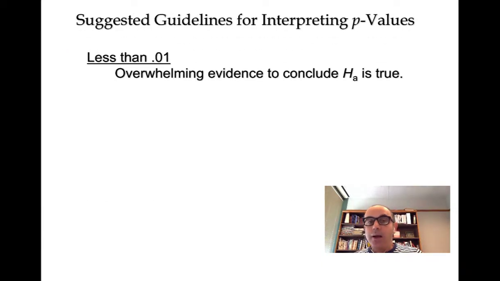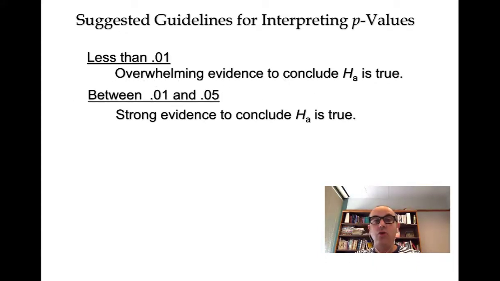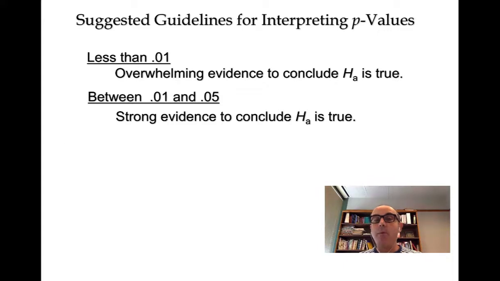Okay, so what values do we need to consider in that premise? Less than 0.01 is overwhelming evidence to conclude that the alternative hypothesis is true. Between 0.01 and 0.05, we have strong evidence to conclude that the alternative is true.